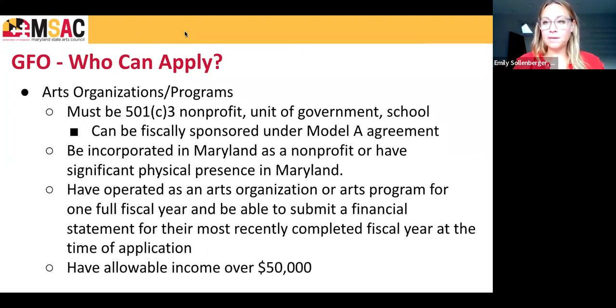Organizations must be incorporated in Maryland as a nonprofit or have a significant physical presence in Maryland. An organization must have operated as an arts organization or an arts program for one full fiscal year, and be able to submit a full financial statement for their most recently completed fiscal year at the time of the application. The other piece is that the organization or the program have an allowable income number of over $50,000.